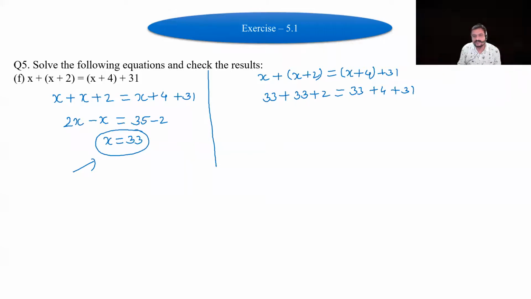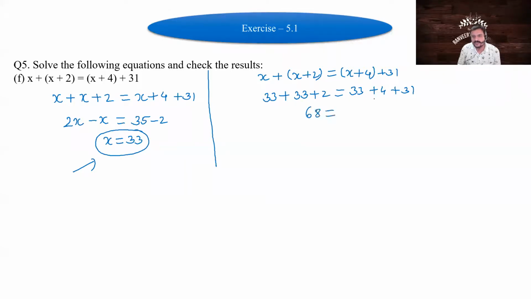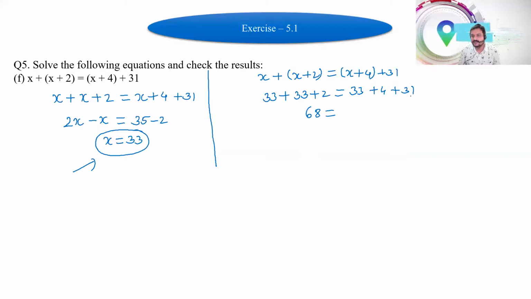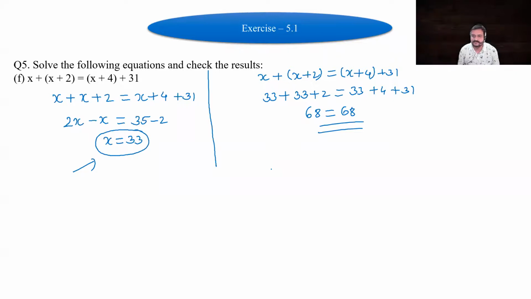So 33 plus 33 is 66, plus 2 is 68. And on this side, 33 plus 4 is 37. 37 plus 31 is again 68. Is it clear to you? Give the response in the chat box.